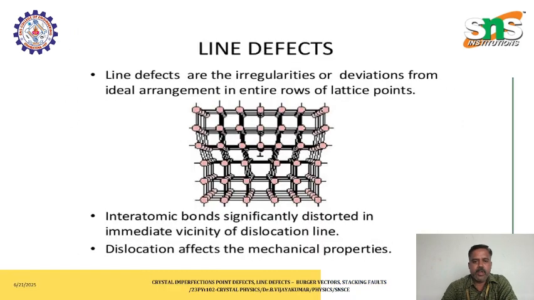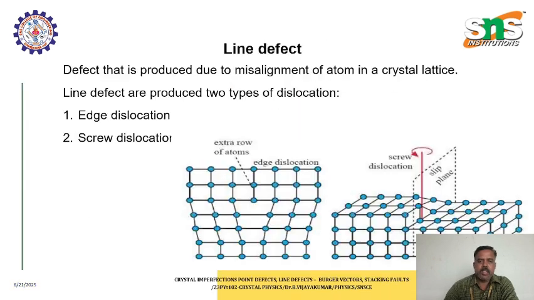So this is a line defect. It is a deviation from the ideal arrangement of entire rows of lattice points. Interatomic bonds are sufficiently destroyed in the immediate vicinity of the dislocation line. Dislocation affects the mechanical properties.